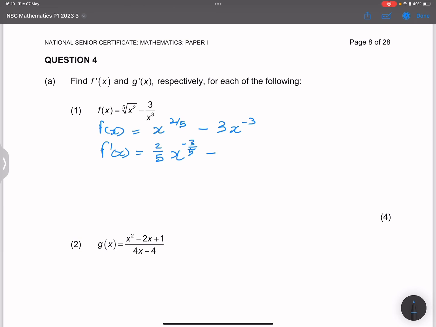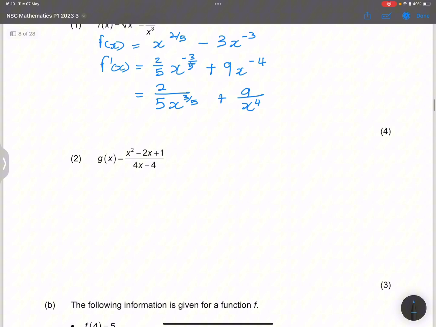And this is minus, so negative times a negative will be a positive, so this is 9x to the minus 3 minus 1 will give us minus 4. And if you wanted to write them as positive exponents, this would be 2 over 5x to the 3 over 5 plus 9 over x to the exponent 4.